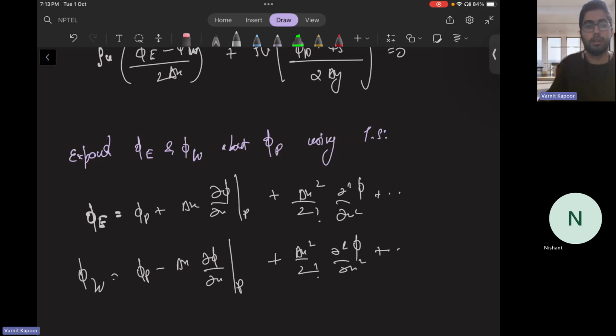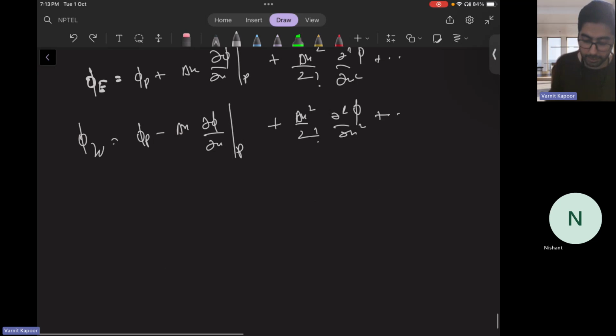Now you will take the difference phi e minus phi w and divide by 2 delta x. So what will you get? This term will cancel out, then phi e and phi w will add up, and this will give you 2.